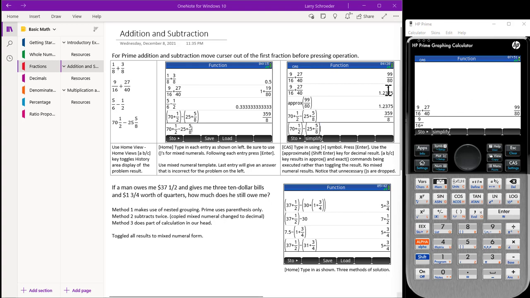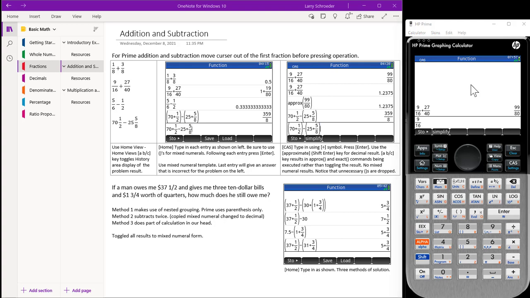We're going to take a look at switching it over to a decimal. We just want to show you what happens when you don't use the pad. So if you have 9/16 and you hit the plus sign, you end up getting something that won't work. So you will have to backspace out of this, and then you'll have to use your pad before you go on.